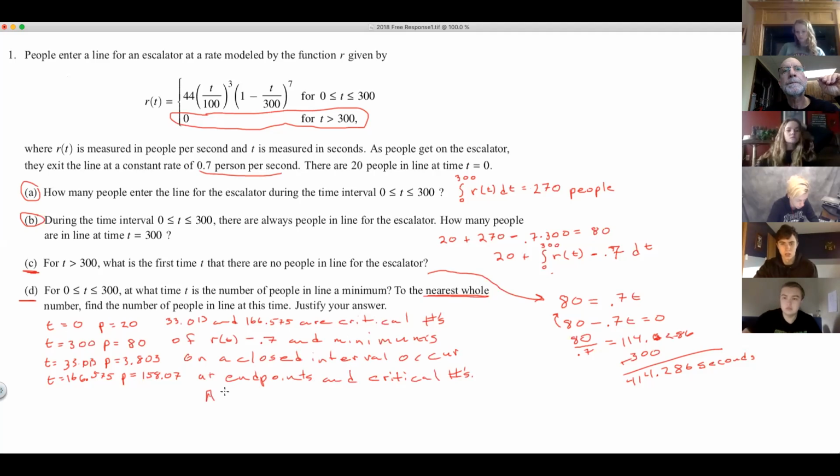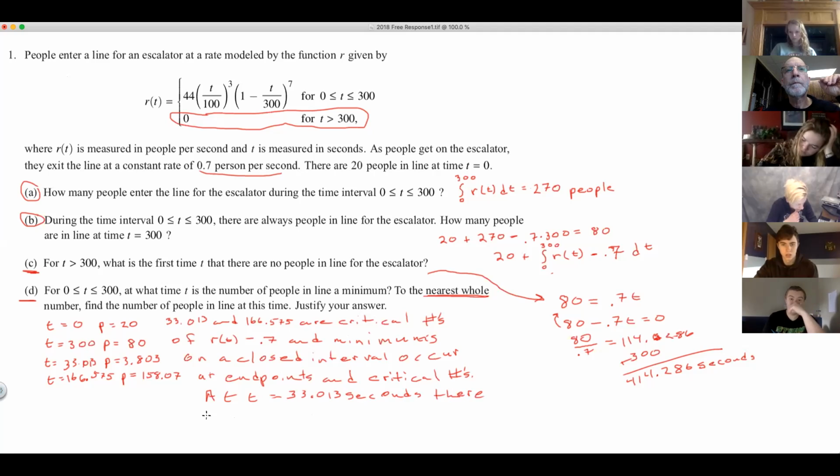At t equals 33.013 seconds, there are 4 people in line.